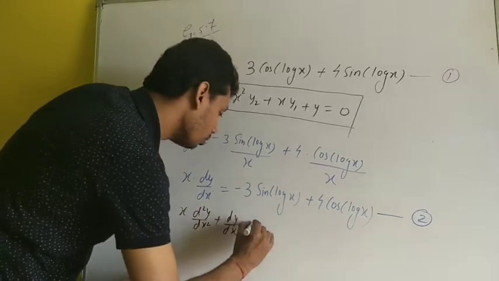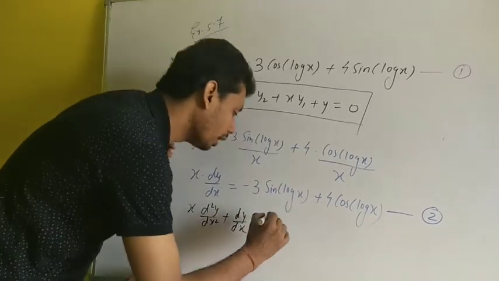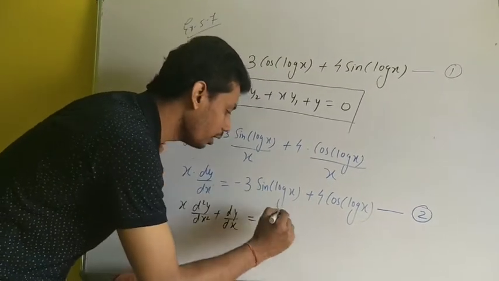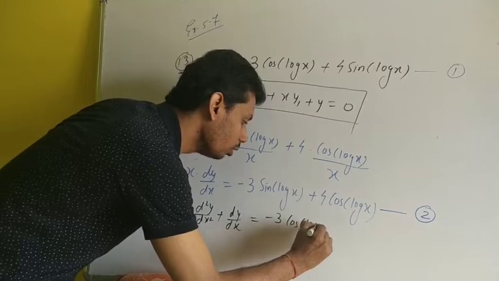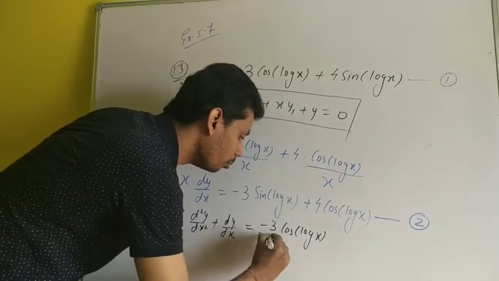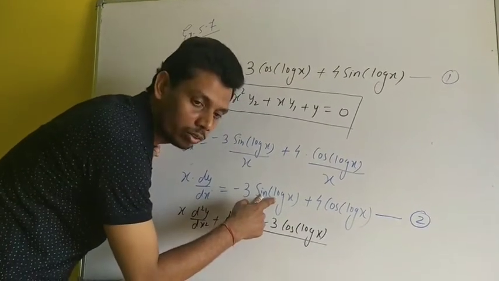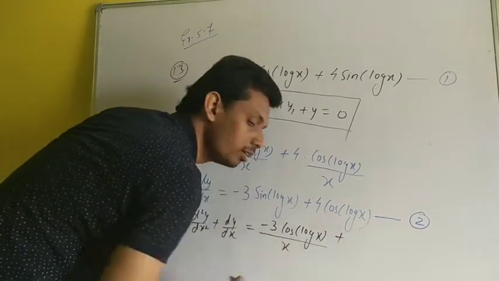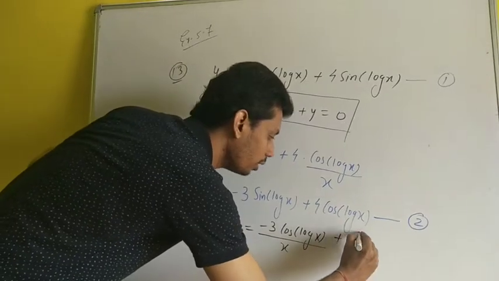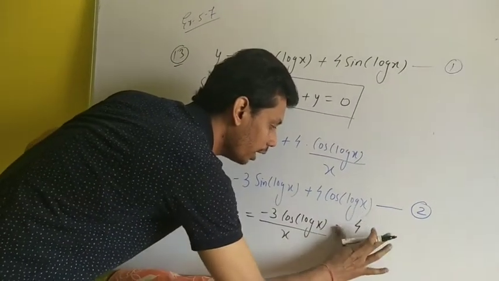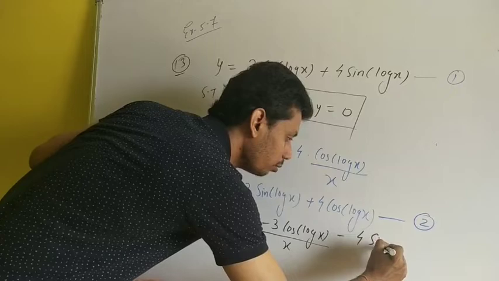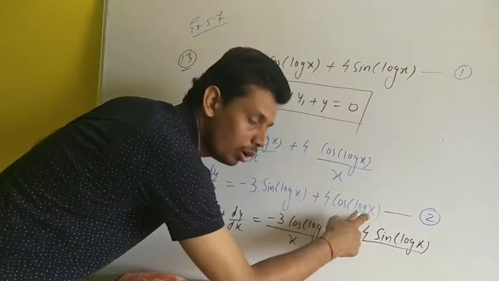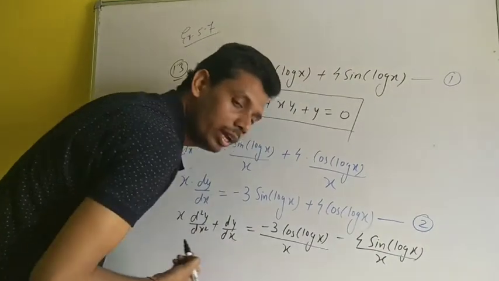1. This side, this is equals to, again minus 3 is constant and differentiation of sin theta is what? Cos theta. So this is cos of log x by, and differentiation of log x is what? 1 by x, plus here 4 is constant, differentiation of cos theta, minus sin theta, that is minus sin log x, and differentiation of this log x will be equals to what? 1 by x.